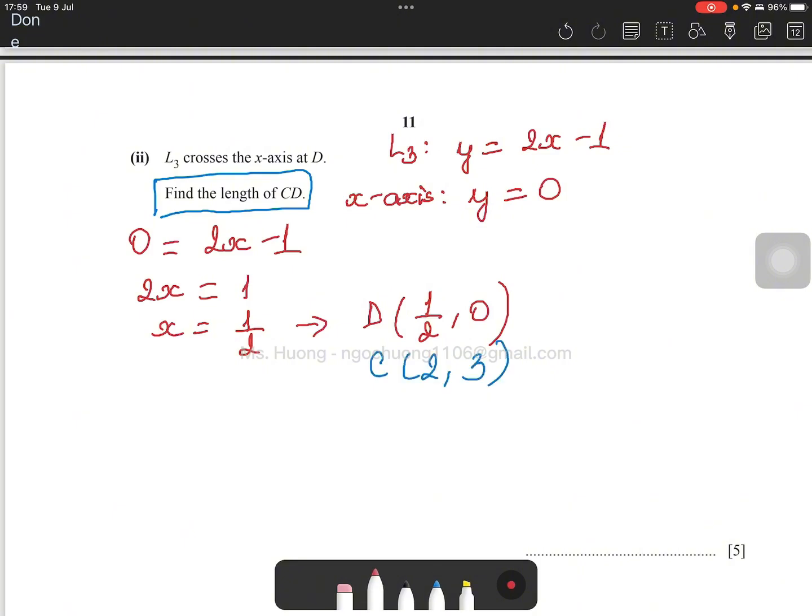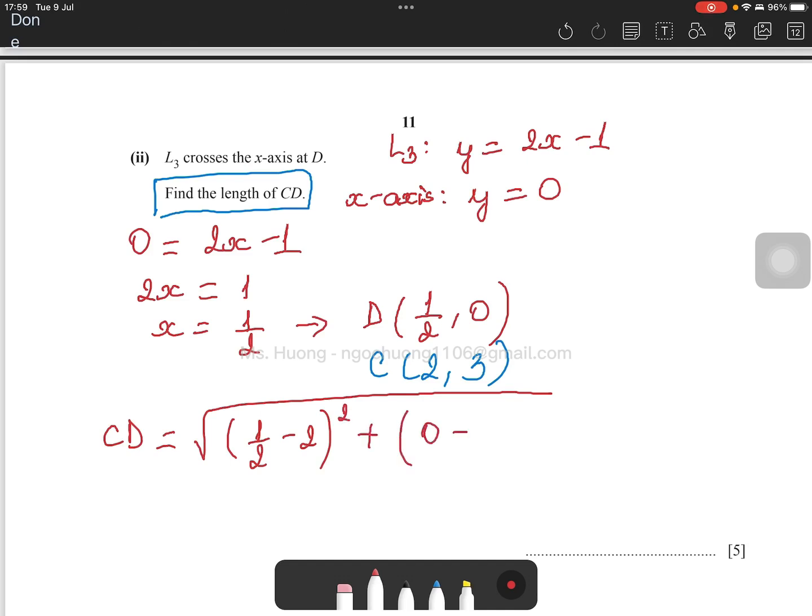So the length of the line CD is, we have a formula for the length of a line segment, which is the square root of (XD minus XC) squared plus (YD minus YC) squared. And the answer for this is 3√5/2, which is 3.35.